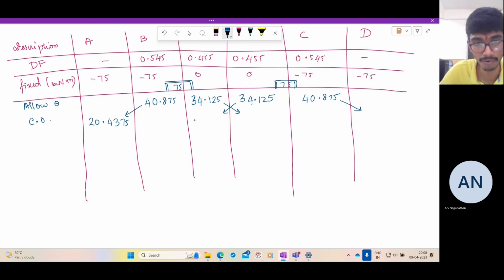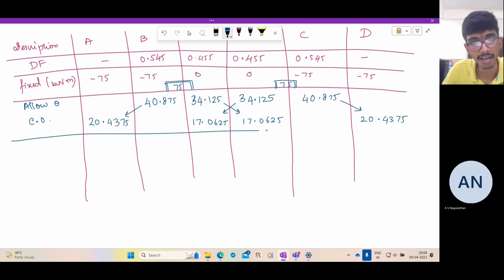So here it is 17.0625, 17.0625. Here it is 20.4375. Now you have an unbalanced moment of 17.0625. So apply minus 17.0625 here. Similarly, here also you apply minus 17.0625.